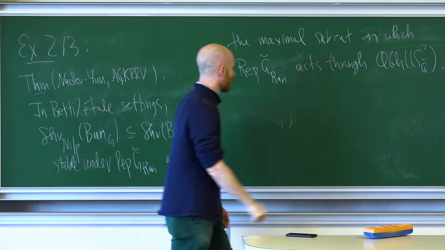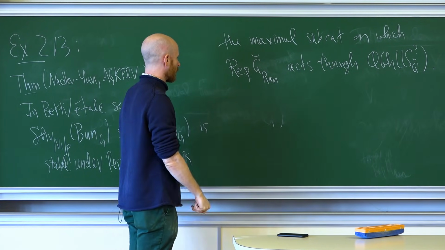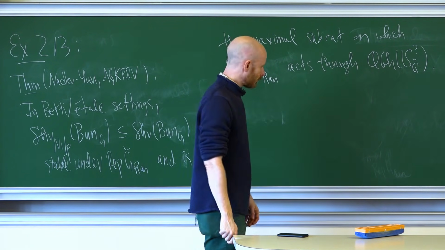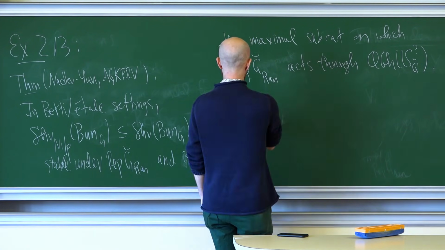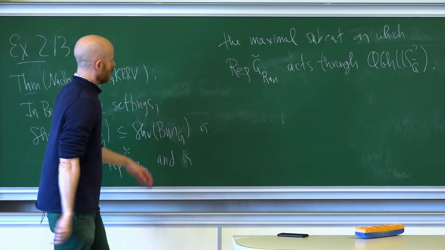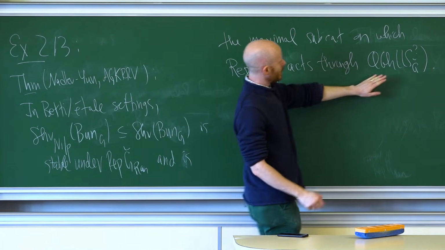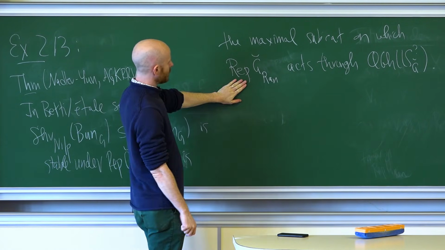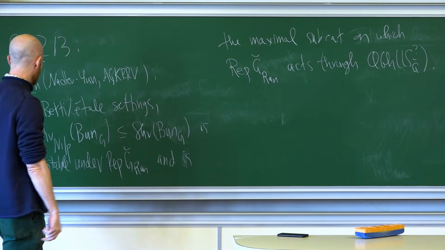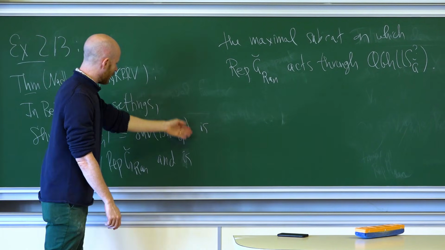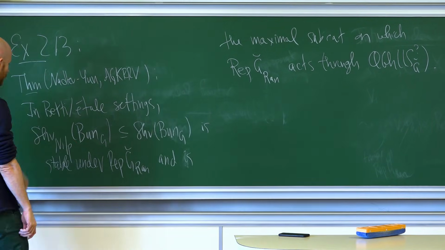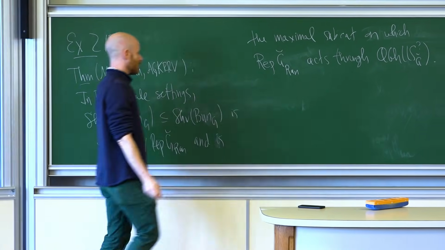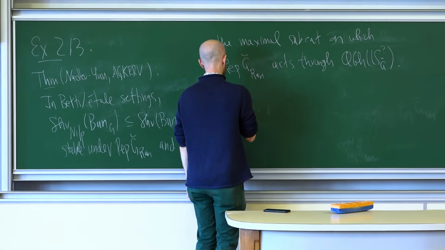Question mark. So in other words, you can take this Rep G-check Run mapping to this QCoh of Loc_sys G-check. You can take the kernel, that's some kind of ideal inside of here, and you can take the subcategory annihilated by that kernel, and that'll be exactly Shv_nilp. And so you can take this as a definition.